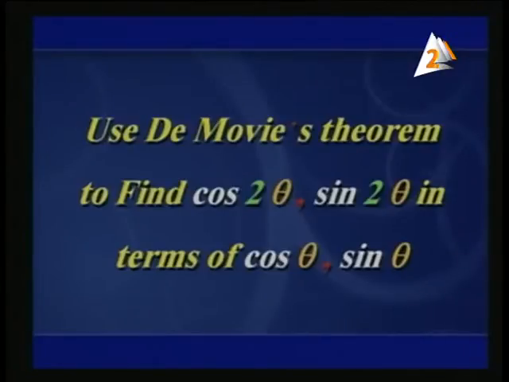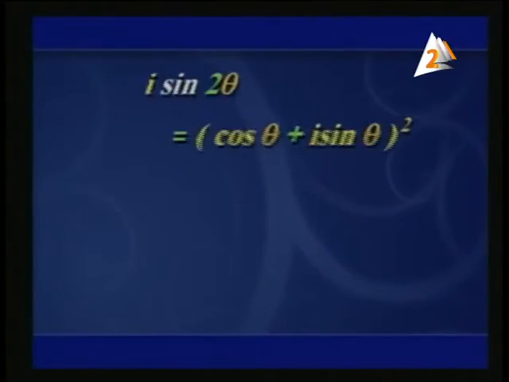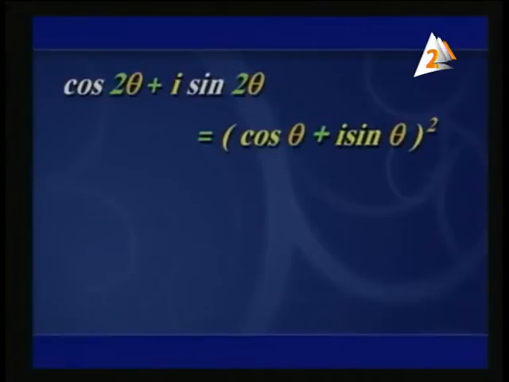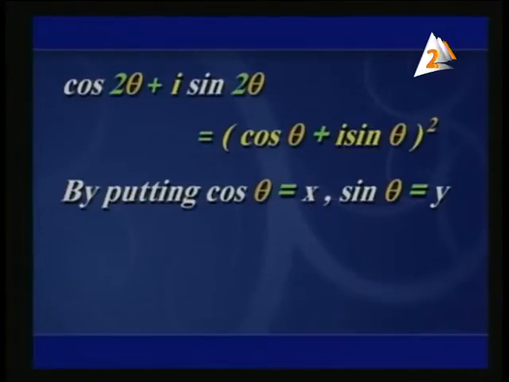Use De Moivre's theorem to find cosine 2 theta plus i sine 2 theta in terms of cosine theta and sine theta. Cosine 2 theta plus i sine 2 theta equals (cosine theta plus i sine theta) all squared.